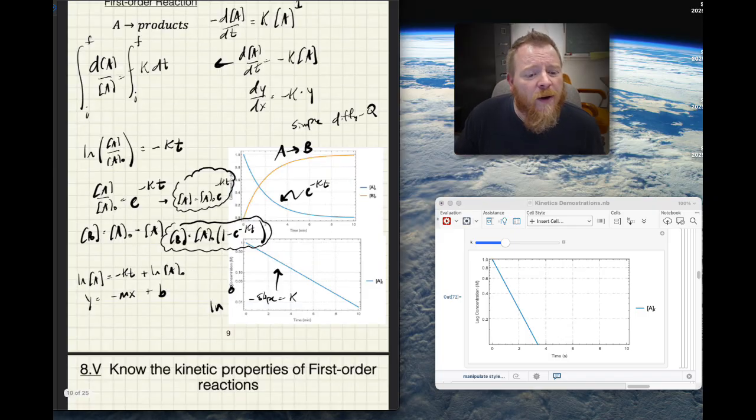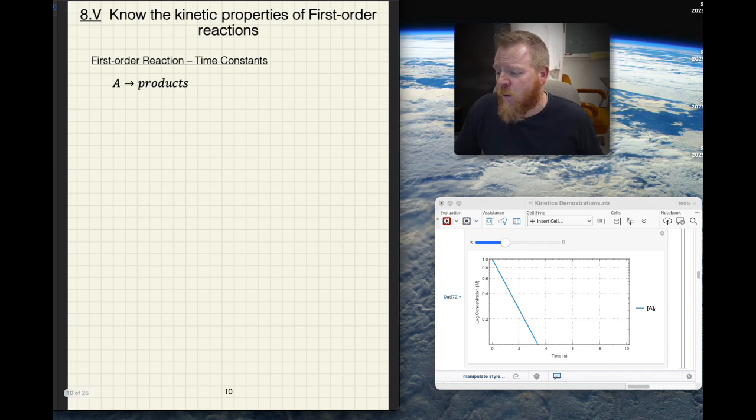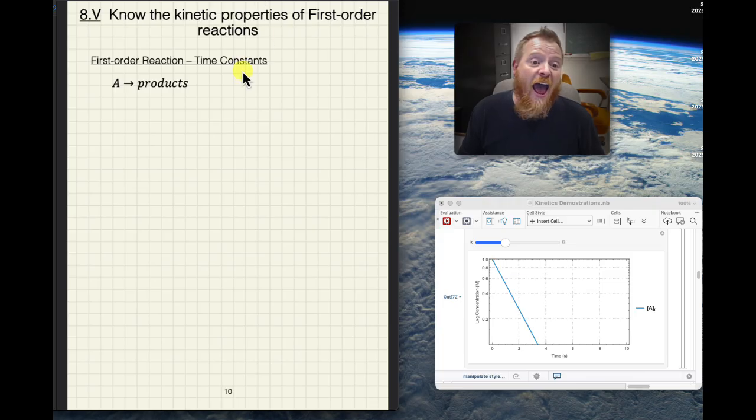So now, in our first order reactions, I also want us to consider what's known as the time constants. And you might recognize one of those time constants as the half-life. All right, so let's get into that.